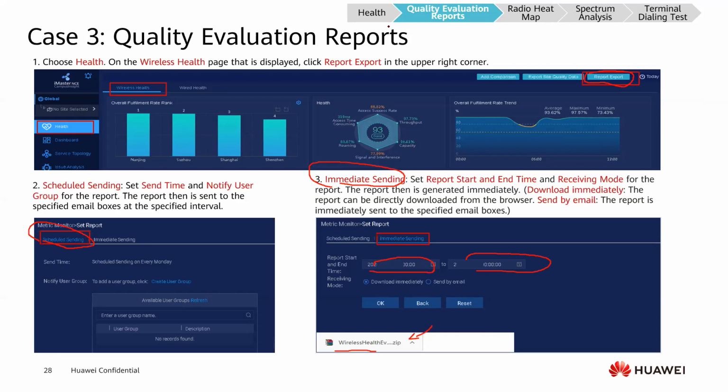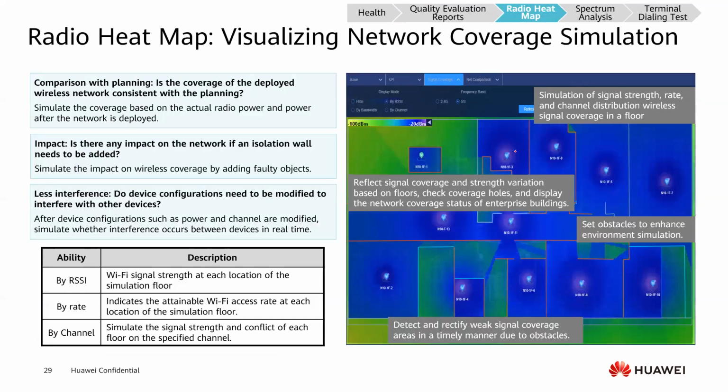Okay, the first two are for the health, and the third function, about the availability, is about the radio heat map. Like I talked about, it provides the service topology.